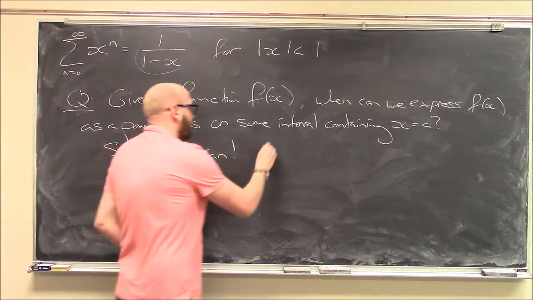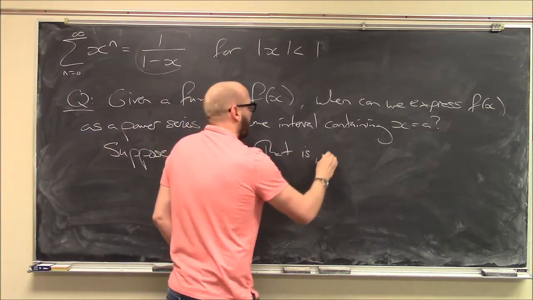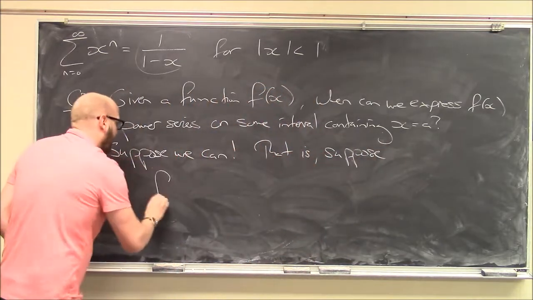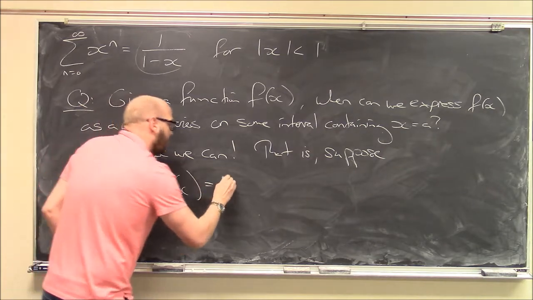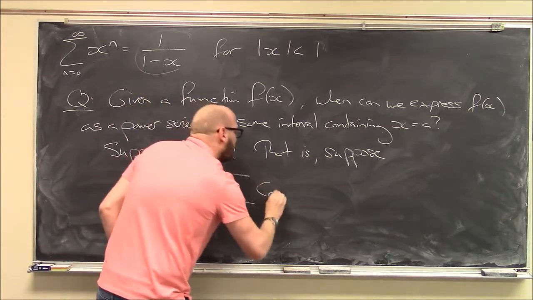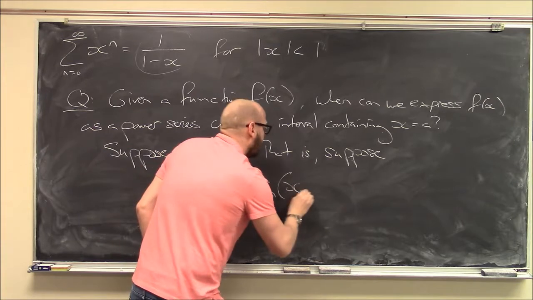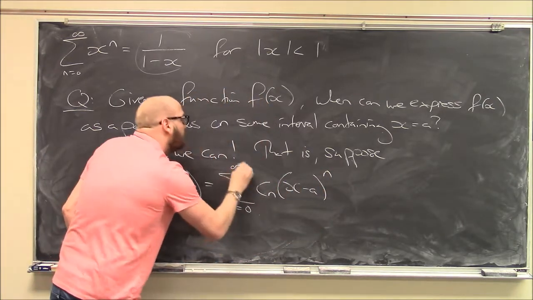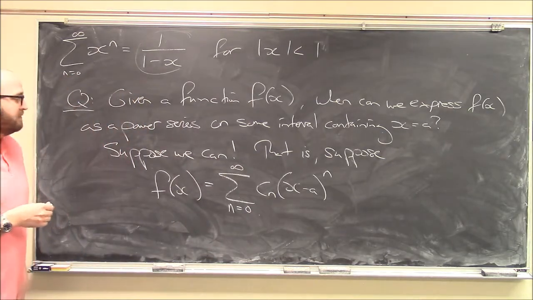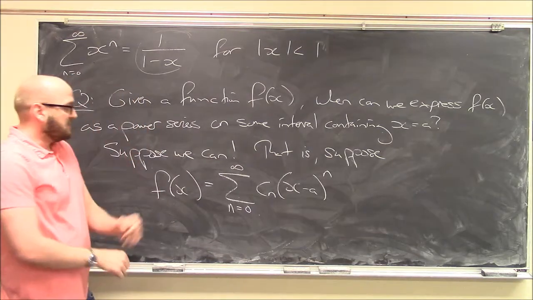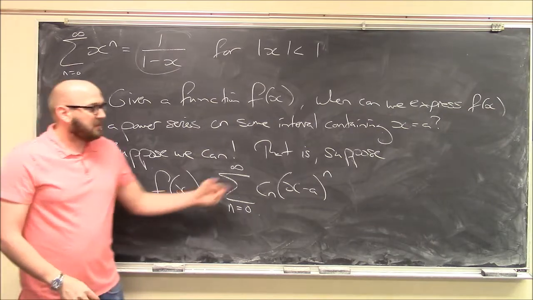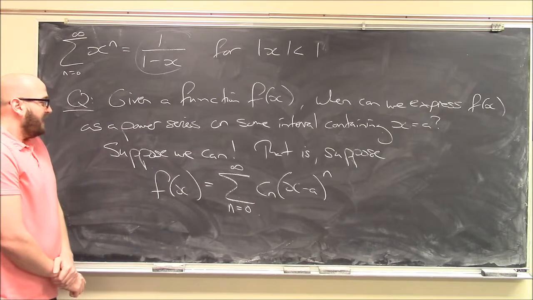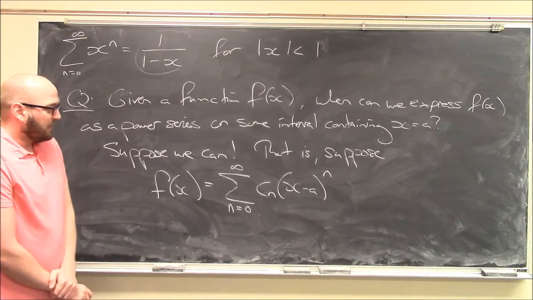Suppose I can write f of x as a power series: some coefficient c sub n times x minus a to the n, as n ranges from 0 to infinity. Okay, so you've given me this function, and I've just said, well, suppose we can write this as a power series centered at x equals a. Right, so suppose I can do this. What can we gather from this?